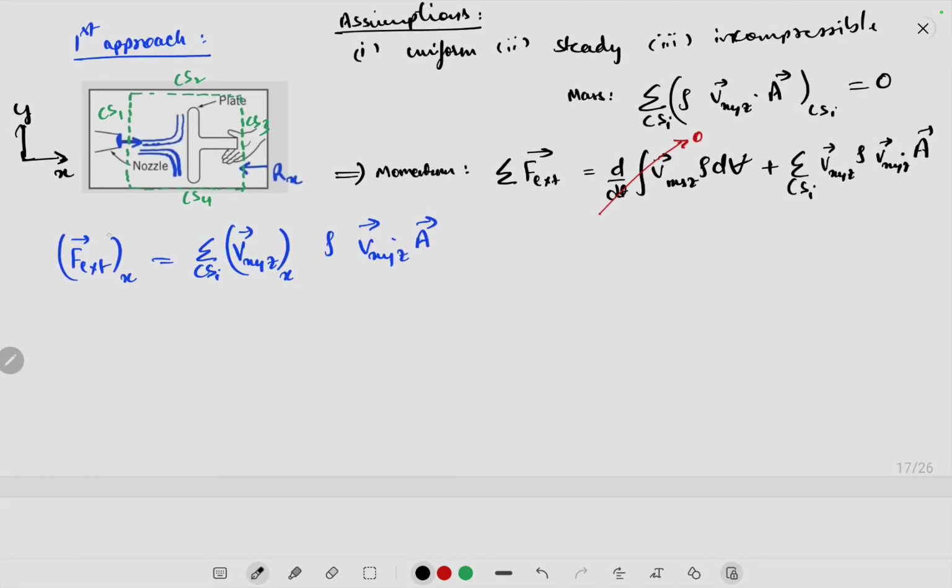Now you tell me, what is F external in the x-axis? So is there any external force from this side? No. What is the external force from this side? It is Rx. What is the external force? Okay, so we have to take only in the x-axis. So is there any force on this control surface along this direction? No. And similarly, there is no force on this direction, on this control surface CS2. Okay.